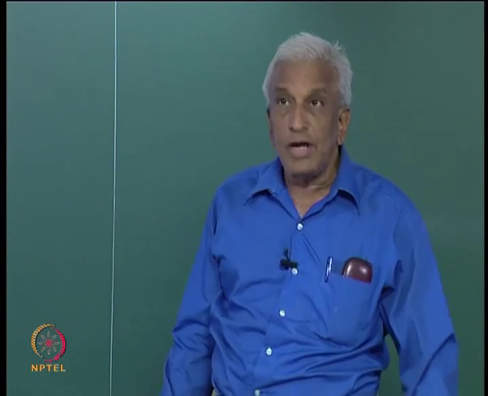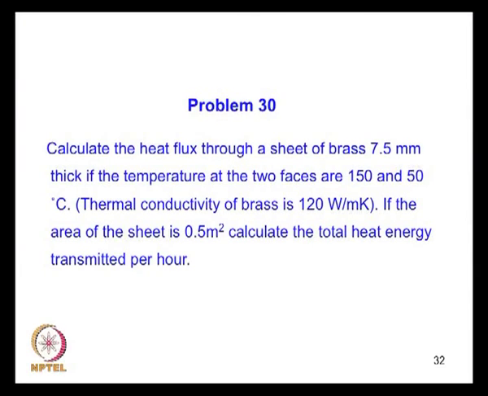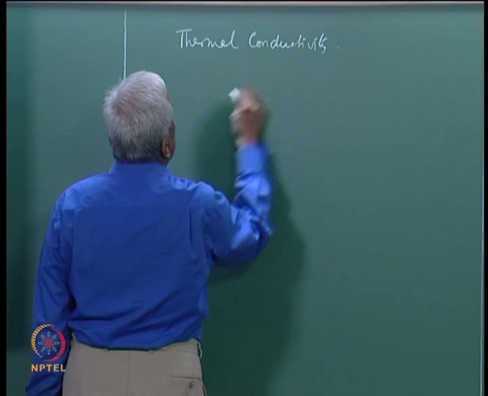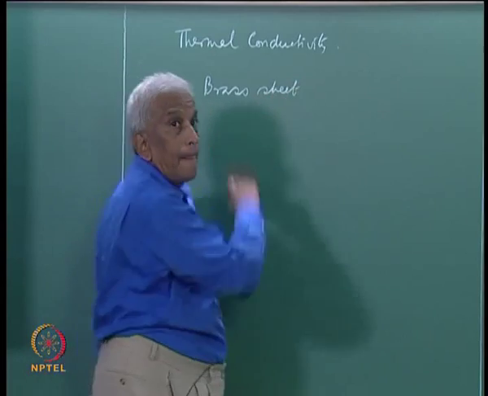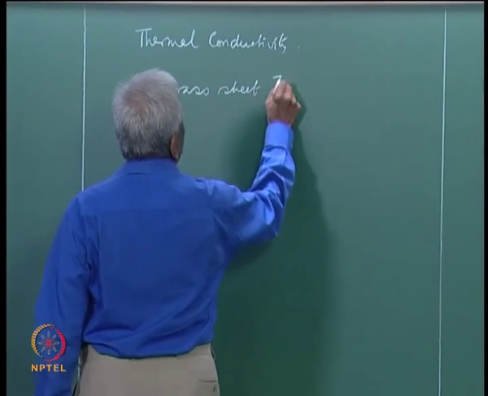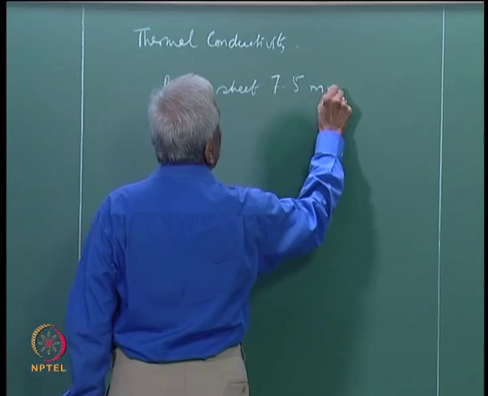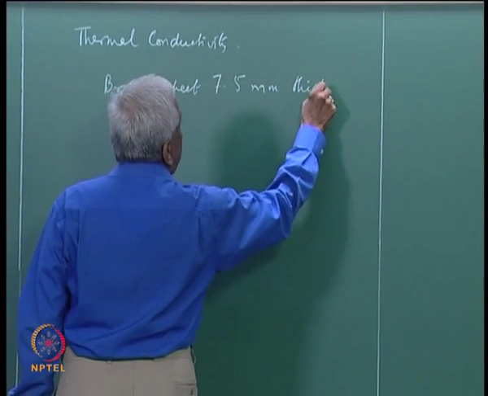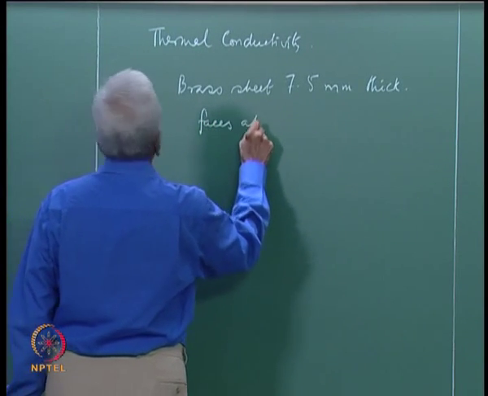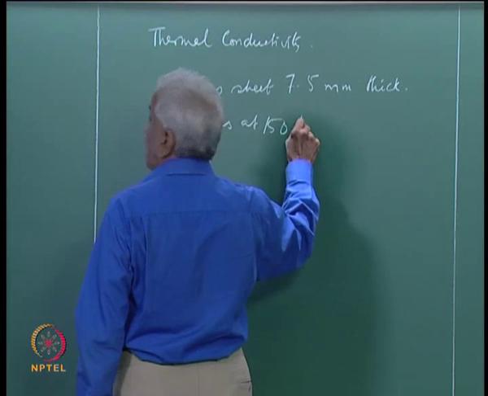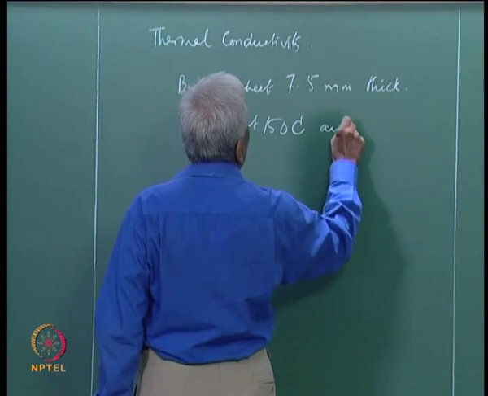So, we are asked to calculate the heat flux through a sheet of brass, 7.5 millimeter thick, with faces at 150 degrees Celsius and 50 degrees Celsius.